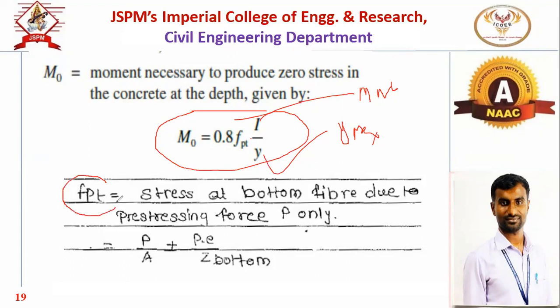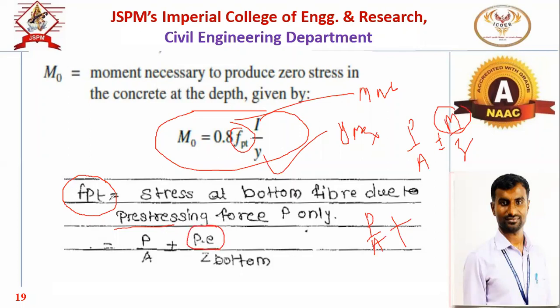Where FPT is the stress at bottom fiber due to the pre-stressing force P only. So at the bottom, we know that stress will be due to the direct loading and eccentric loading. As we are going to provide the tendons having certain eccentricity, it will be P by A plus M by Z, where M is the moment, nothing but the pre-stressing force into the eccentricity.